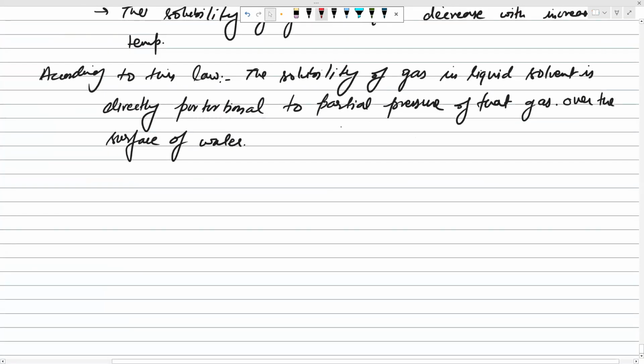So we can say that the weight of the gas that is dissolving here, or the mass of the gas, is directly proportional to the pressure of the gas over the surface.